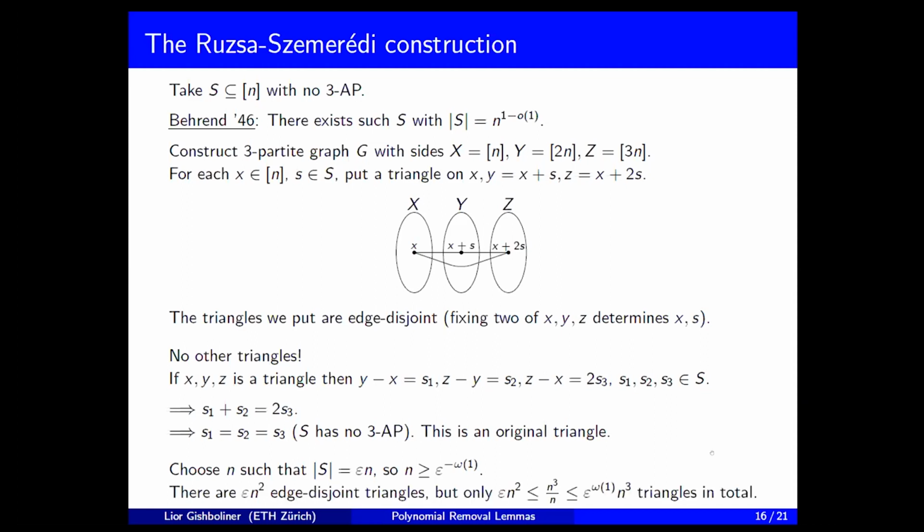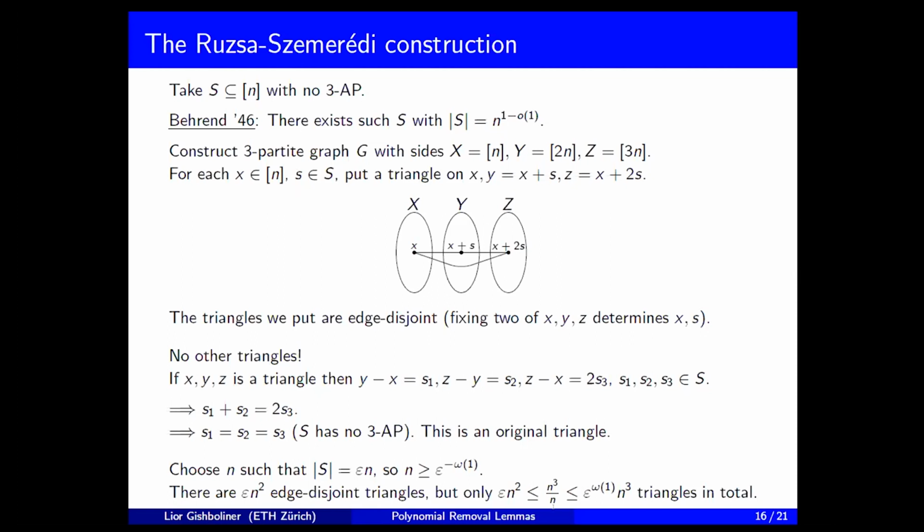Now we can estimate how many triangles we have. We have epsilon n squared edge disjoint triangles, because we have 1 triangle for every x and s, and we have epsilon n squared such choices.